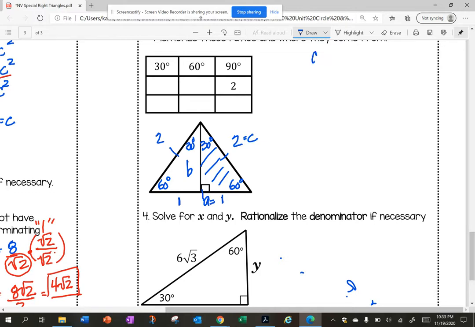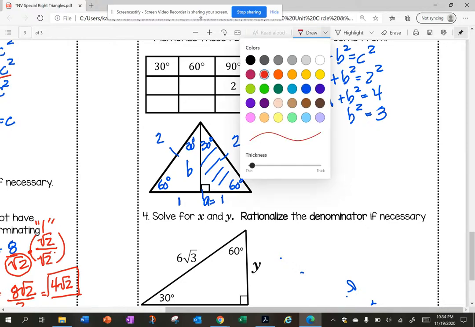So a squared plus b squared equals c squared. So we have 1 squared plus b squared equals 2 squared. So 1 plus b squared equals 4. I'm going to subtract 1 from both sides, so b squared equals 3. And then I want to take the square root of both sides.